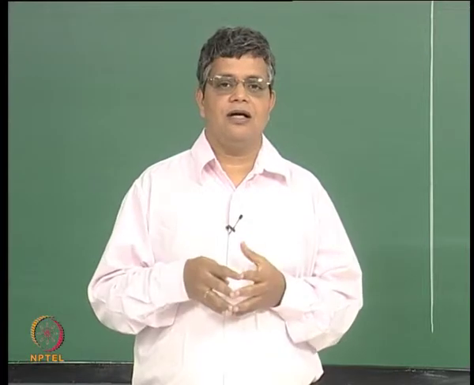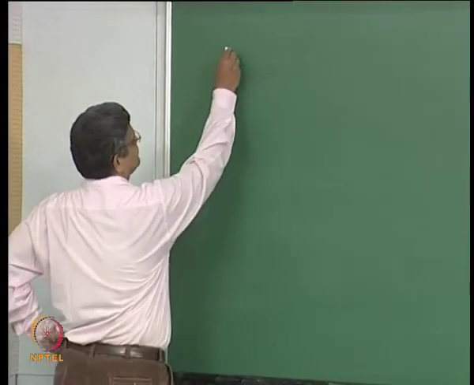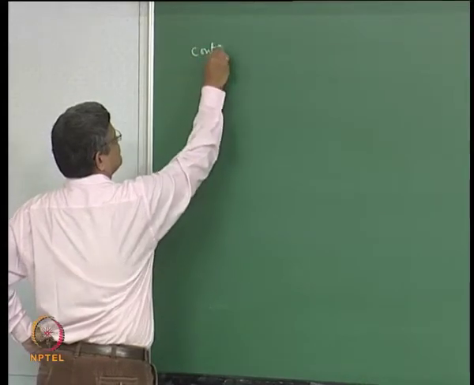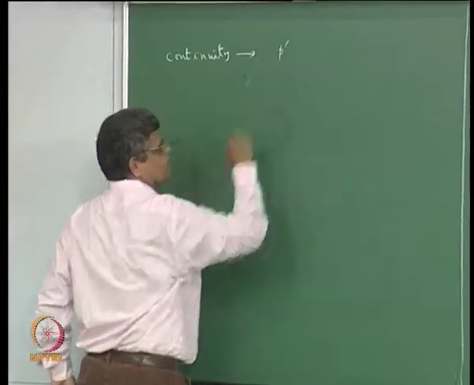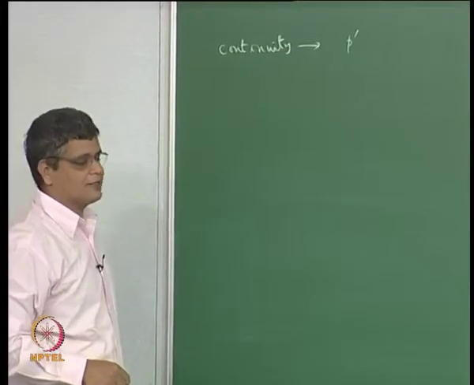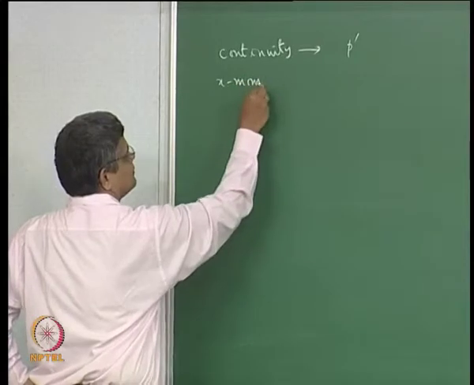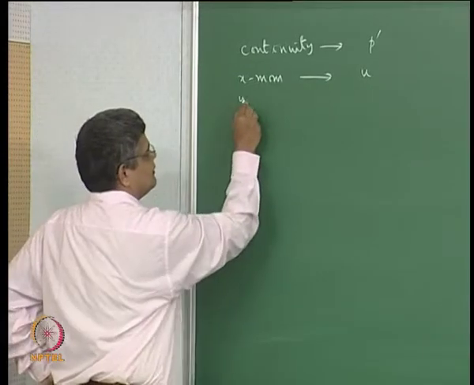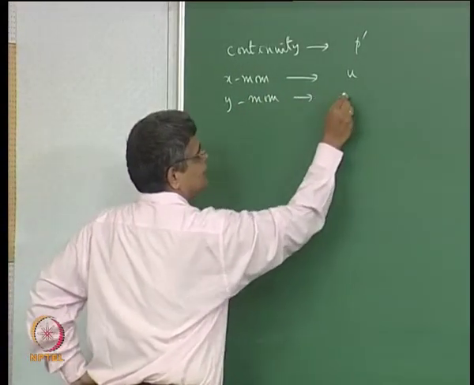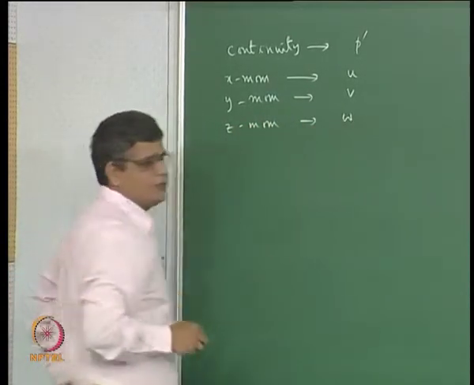Therefore we have an overall algorithm which can be briefly put up like this. So we have the continuity equation from which, for example, we solve for the pressure correction in the case of the SIMPLE method, and we have the x momentum equation which we use to solve for u, the y momentum equation for v, and the z momentum equation for w.